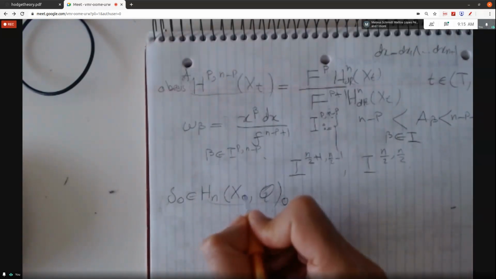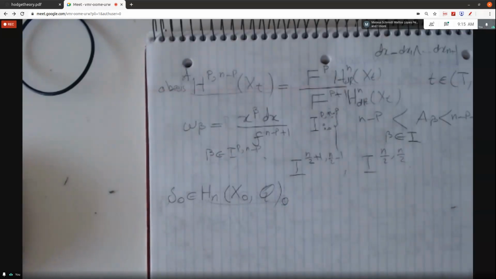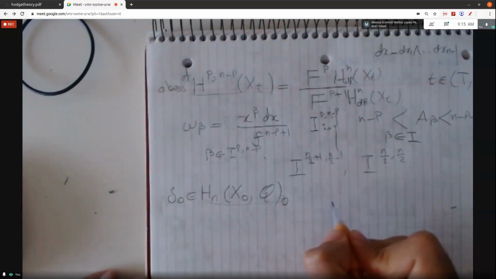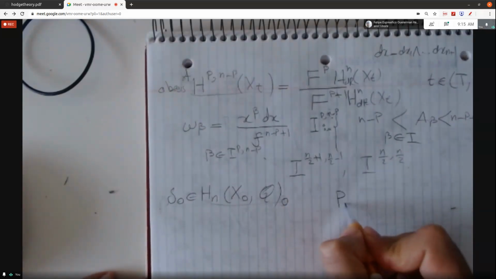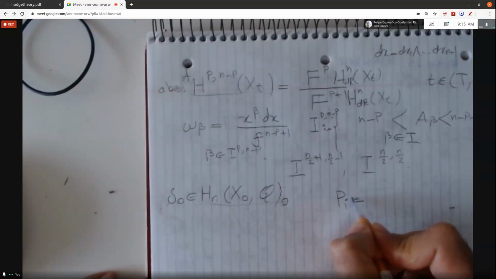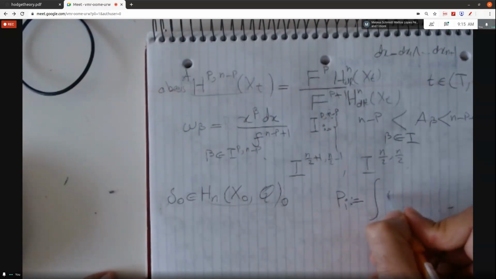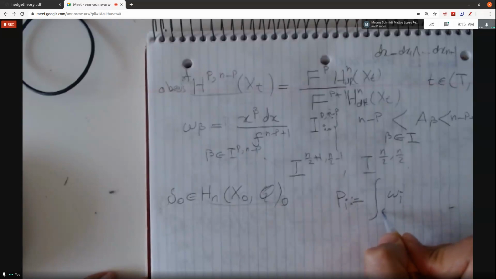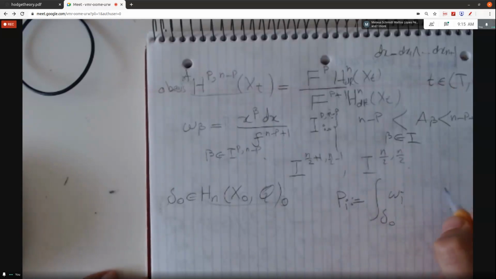So this 0 is primitive. This 0 means that the parameter is equal to 0. And then I define these periods, the integral of omega_I over delta_0, I in I_{n/2,n/2}. These are the only periods of the Hodge cycles which might not be 0.